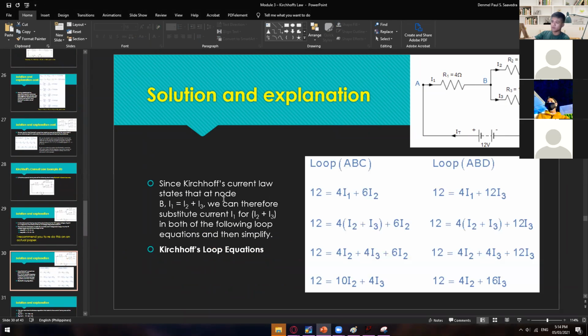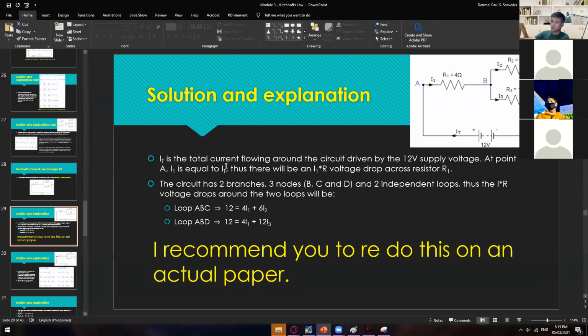And then here's the continuation. We've now used the KCL, but I wasn't able to show that one right here.